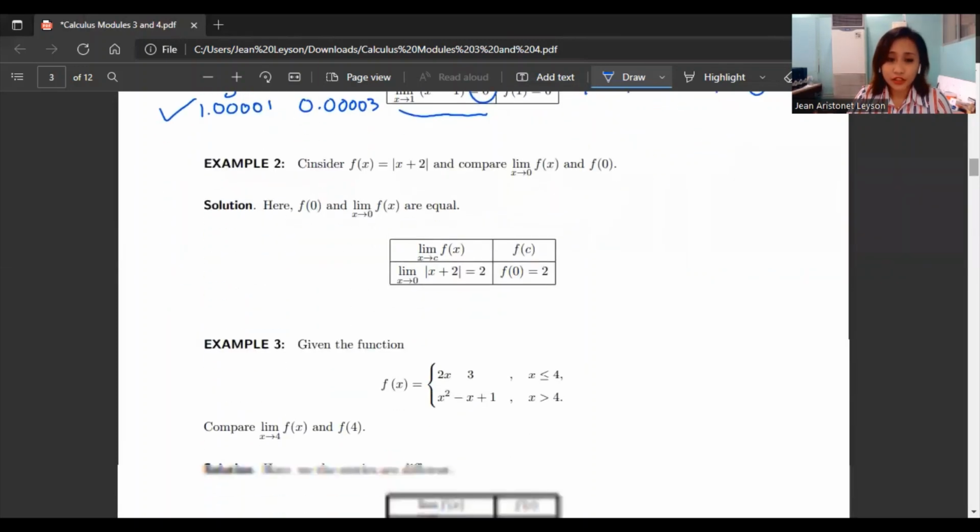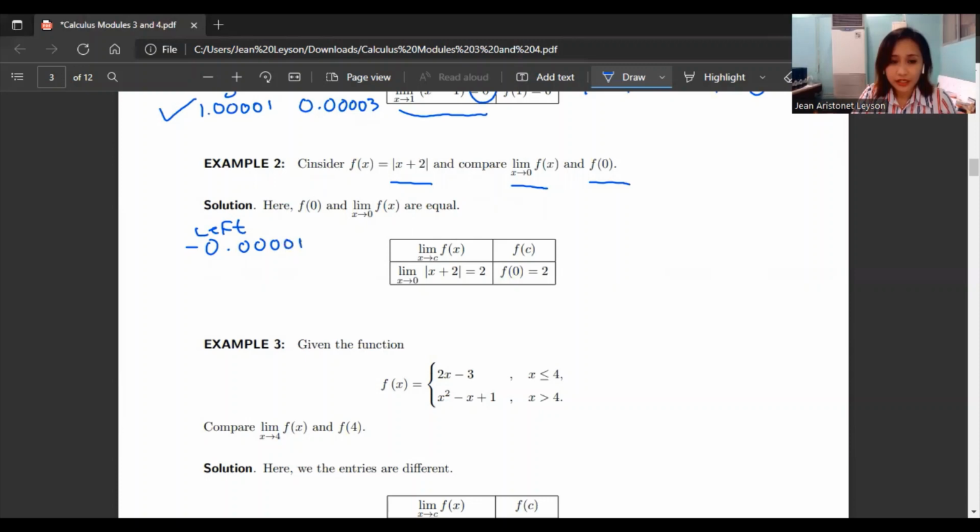Next, consider the function f of x equals the absolute value of x plus 2, and compare the limit of the function as x approaches 0 and f of 0. We're already given the answer actually, but let's just try to solve. From the left side of 0, we can choose negative 0.00001. Substituting to our function, that will give us 1.99999.